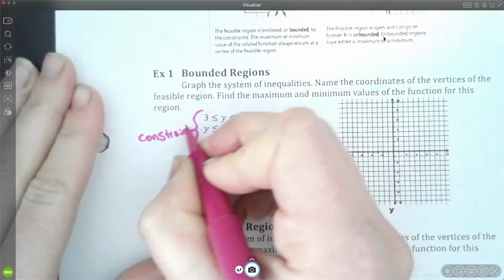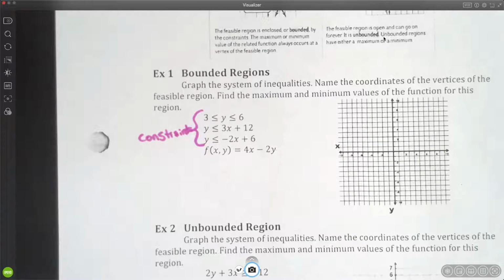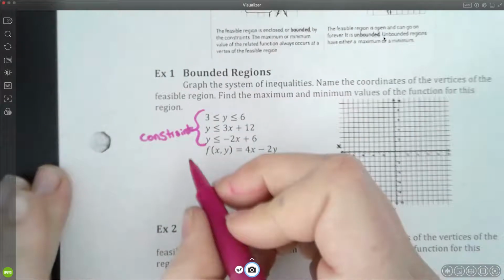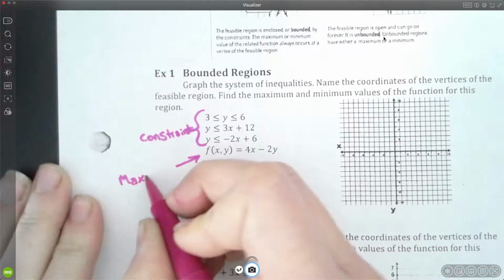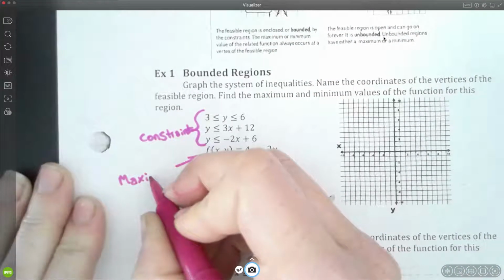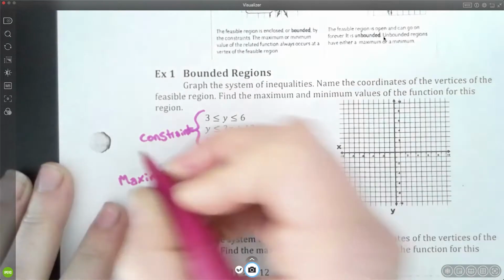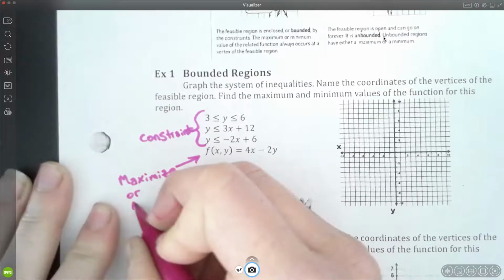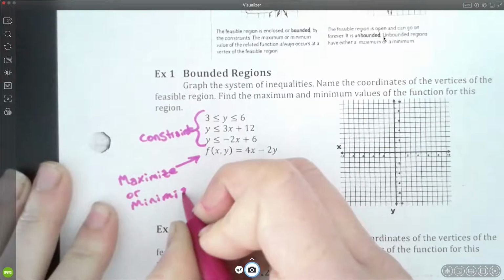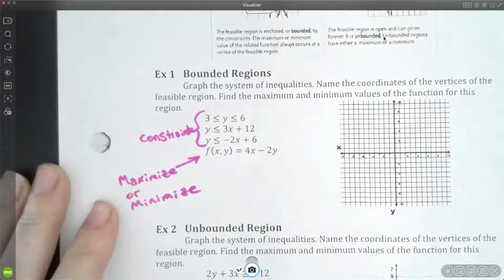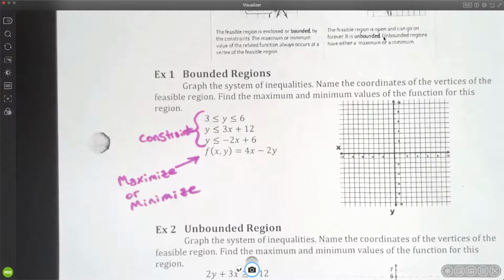And then this one tells me my maximum. This is how I maximize profit or minimize cost. Maximize or minimize.